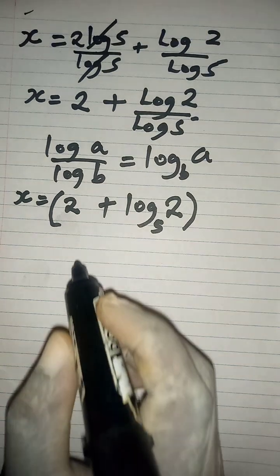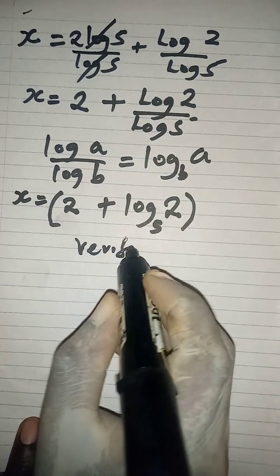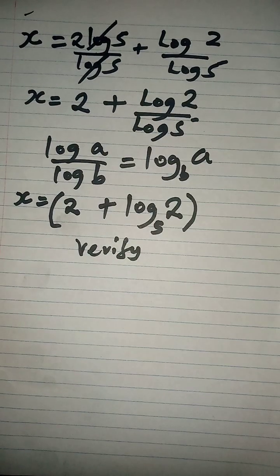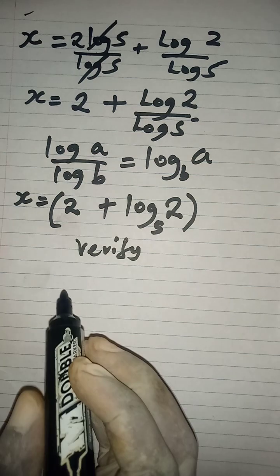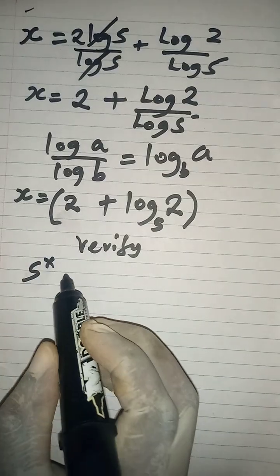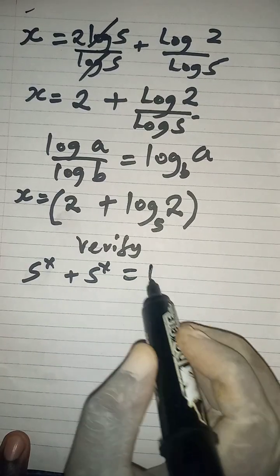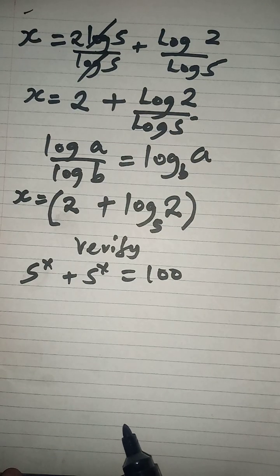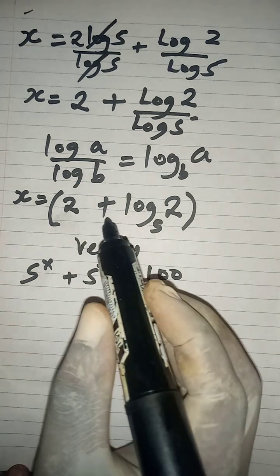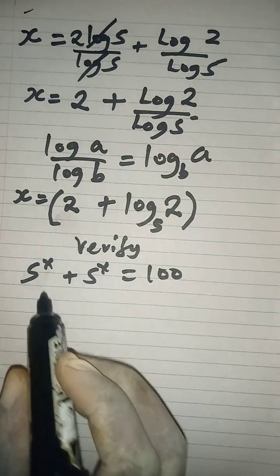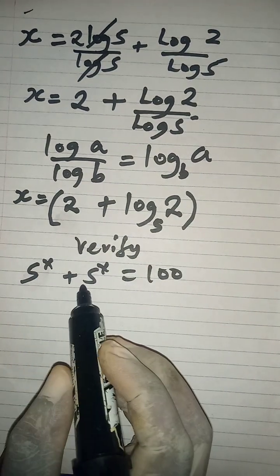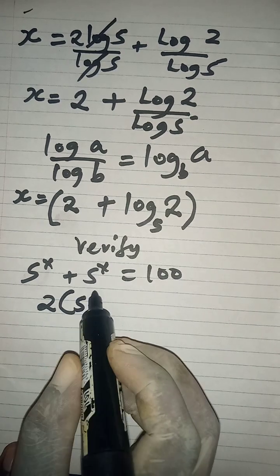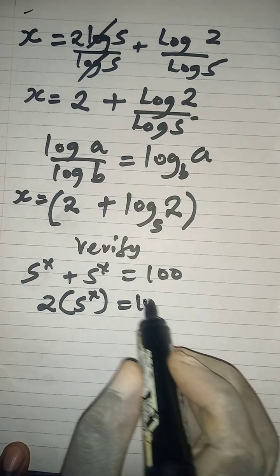So we're going to verify our answer. If indeed the value of x is equal to 2 plus log 2 base 5, recall that our equation was 5 raised to x plus 5 raised to x is equal to 100. So where there is x, I'm going to put 2 plus log 2 base 5. Of course, 5 raised to x plus 5 raised to x was 2 times 5 raised to x.